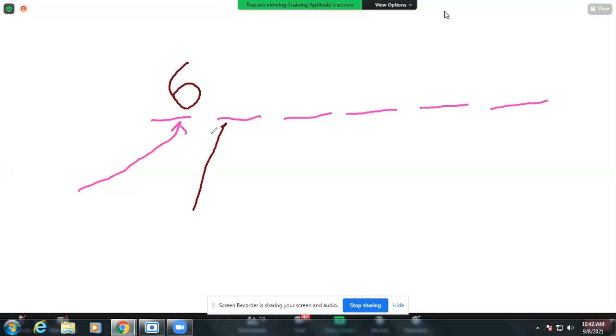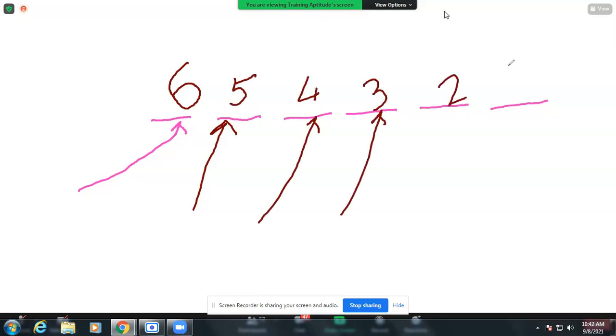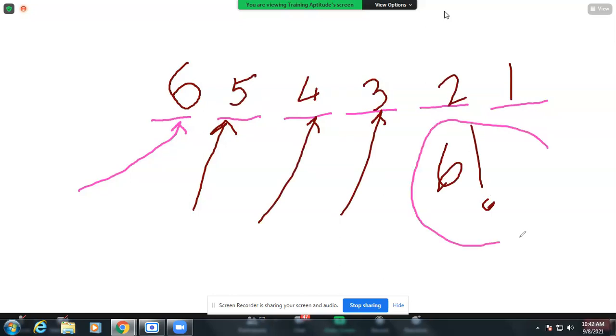फैक्टोरियल से यहाँ पर मेरे पास, क्योंकि ये वैल्यू नहीं इंक्लूड करना है, और यहाँ पे 4, 3, 2. Now this is nothing but 6 factorial. This is my favorable. My favorable outcome is 6 factorial.